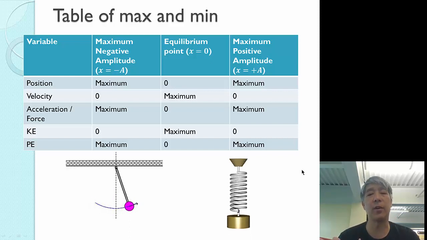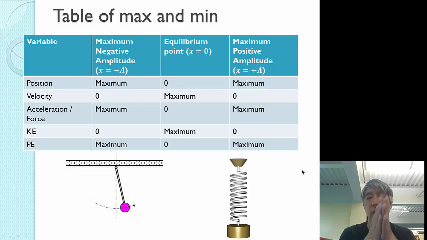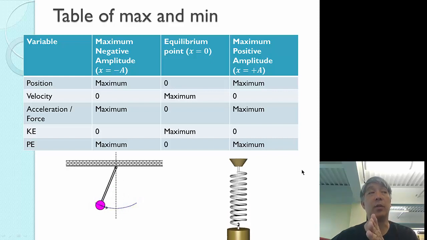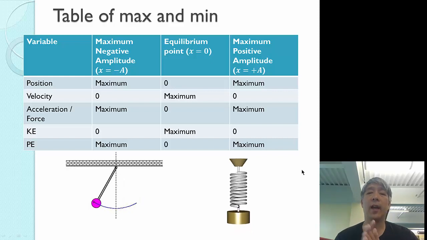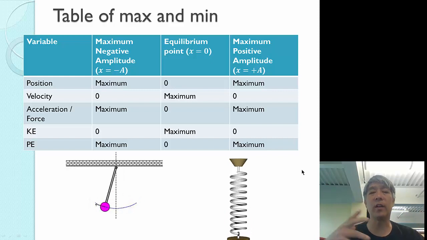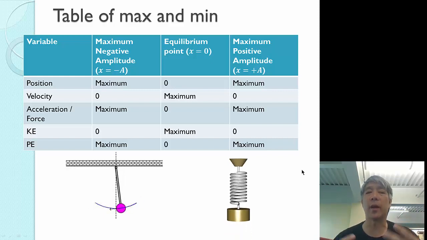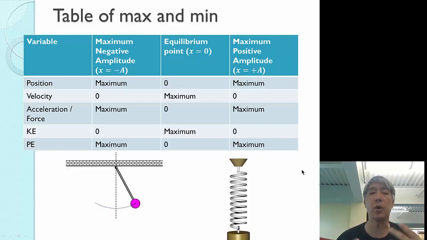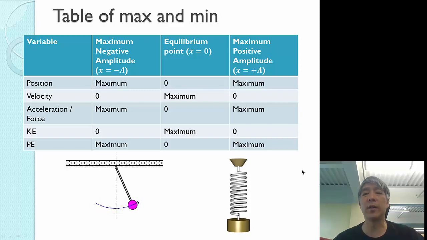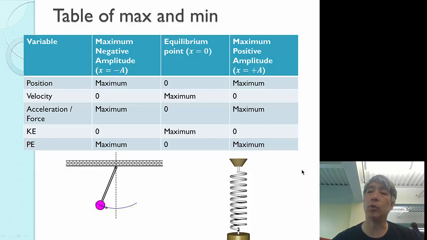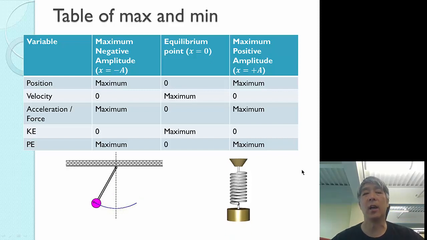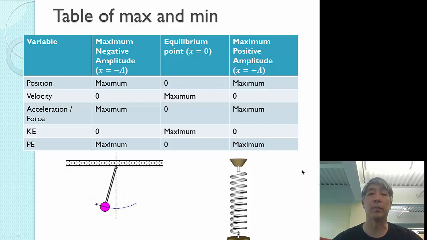Across the top I have the three points: negative amplitude, the middle, and positive amplitude. What we look at is whether a value is 0 at that point. Is my position or my displacement 0? Velocity is 0, or does it reach its maximum value? Maximum in magnitude, not necessarily minus, so it's basically absolute value.